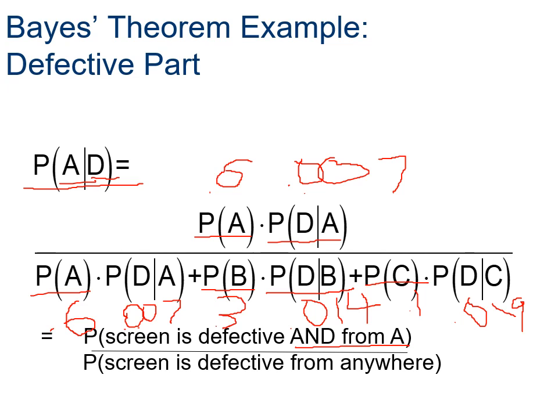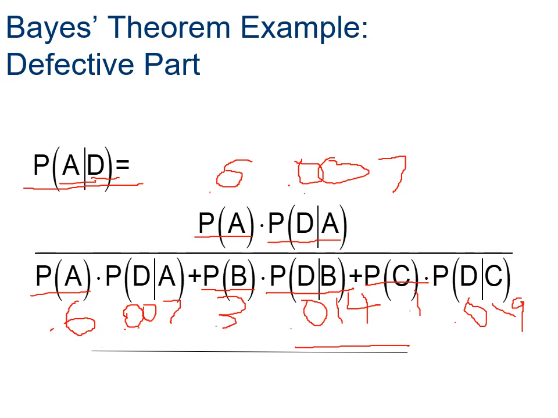So here we have defective from A, defective from B, defective from C. If we had five manufacturers, it would be defective from A plus B plus C plus D plus E. So we have to add up all of those that are defective on the bottom.